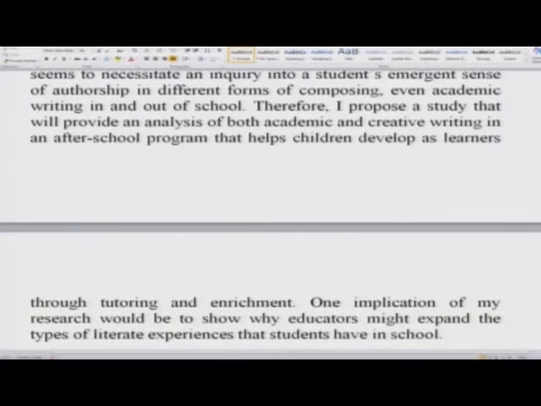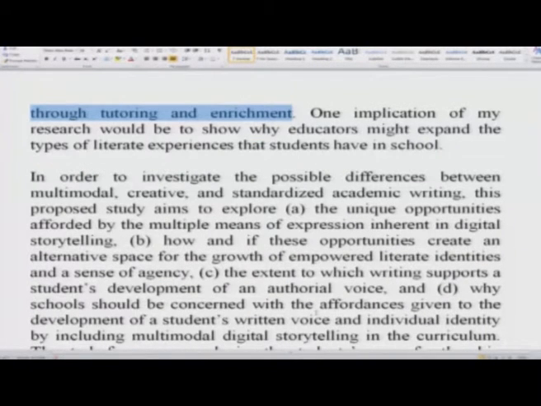One implication of my research would be to show why educators might expand the types of literate experiences that students have in school. So, the writer here is talking about the implications of the proposed study.